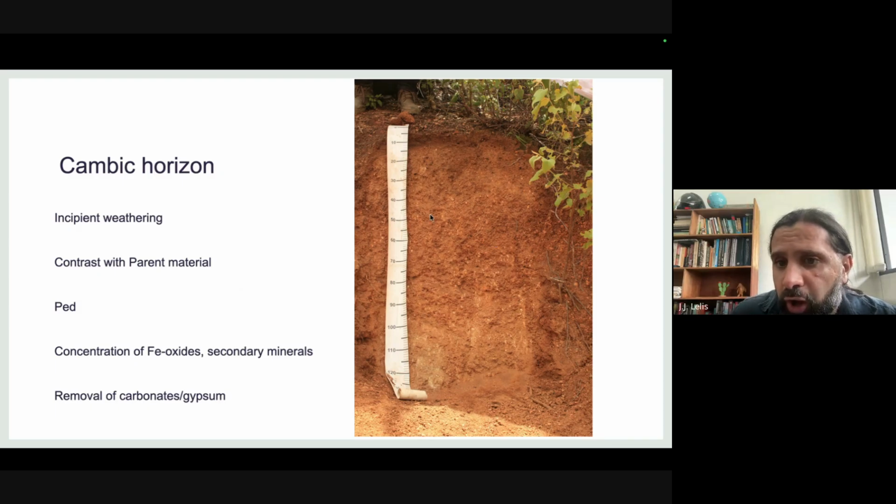So we have a lot of feldspar grains here, but we still have a lot of kaolinite and other minerals expressing some of this chemical weathering. And just that, we don't have any other intense or complex process than just weathering and pedalization, just the weathering and formation of aggregates and peds.